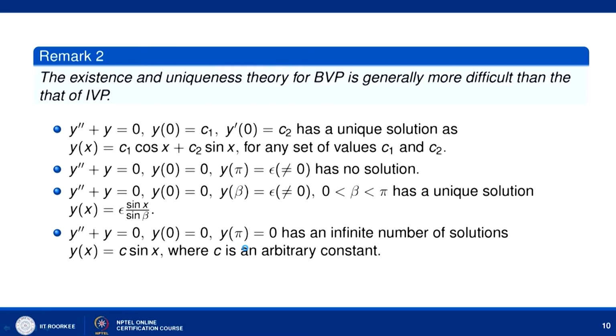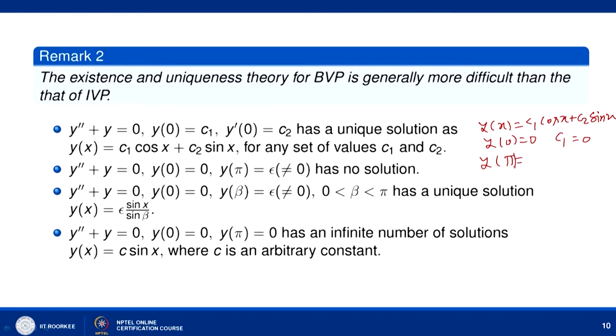We try to solve the equation in general. The general solution of this differential equation is y(x) equal to c1 cos x plus c2 sin x, and we want to find c1 and c2, but not with the help of initial conditions, but with the help of boundary conditions. Now, y(0) equal to 0 forces us to choose c1 equal to 0, because if you put x equal to 0, then sin x is 0 and cos x is 1.